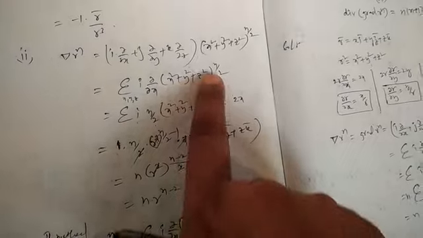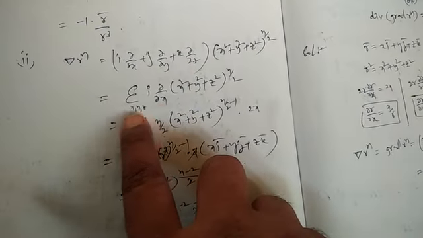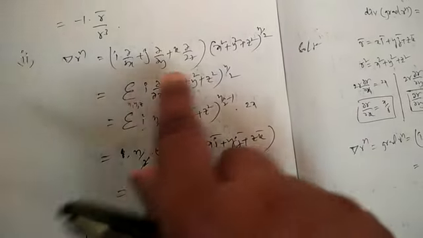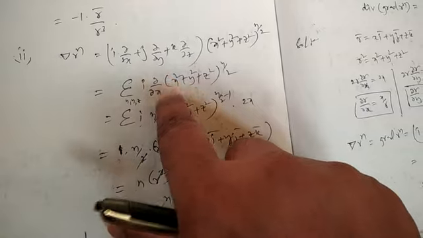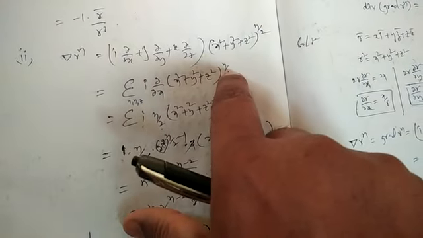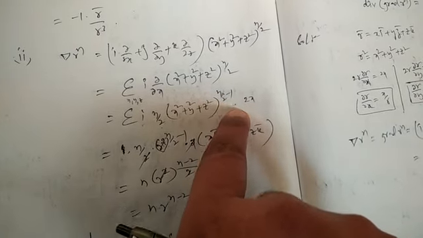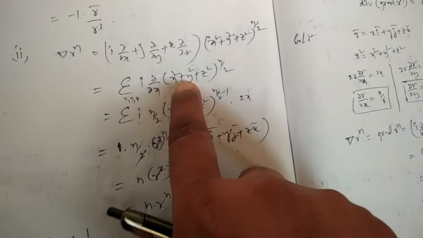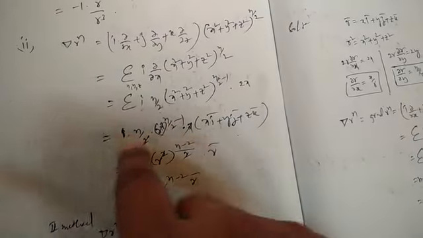Now this derivative with respect to x: x square plus y square plus z square whole power n by 2. Then n by 2 into whole power n by 2 minus 1, into the derivative of this term, which is 2x. The y square and z square derivatives are 0, so no need to write them.